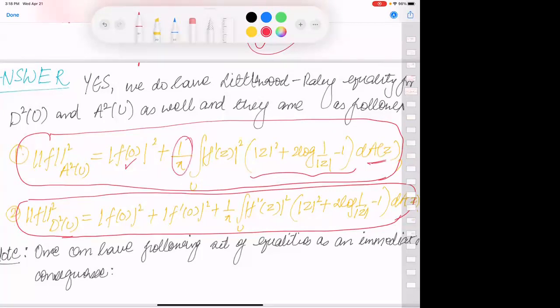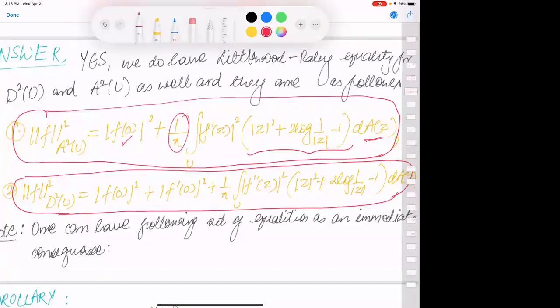And when you talk about Dirichlet, we have f of 0 squared plus f prime of z squared, but here we have double derivatives. So 1 over pi times the integral of f double prime of z squared, multiplied by the same weight that was present in the Bergman, and you take 1 over pi as the mean.